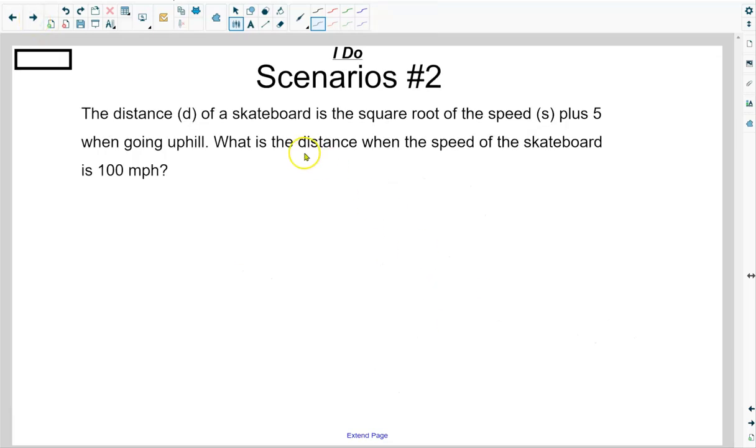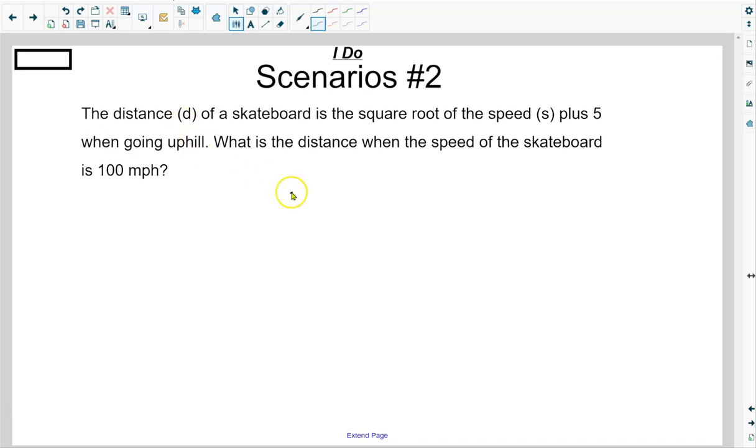Let's jump into scenario 2. Now in this scenario, the main thing is you might be given English, we've done this before, and you have to turn it to math. The distance d of a skateboard is the square root of the speed s plus 5 when going uphill. What is the distance when the speed of the skateboard is 100 miles an hour? So we don't have a formula here, but you have that brain of yours.